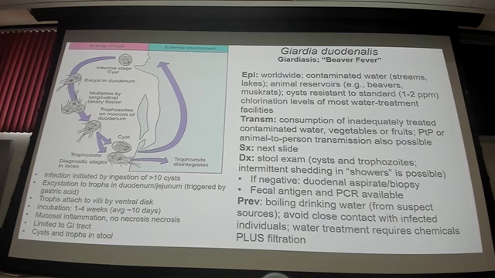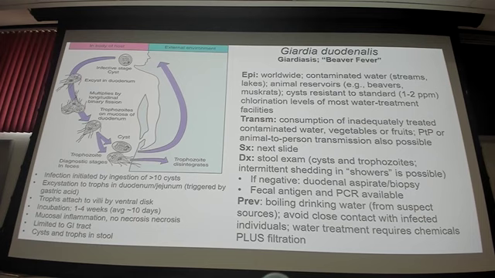In terms of the life cycle of these guys, you're ingesting the cysts. The cysts have 4 nuclei in them. When they excyst into trophozoites in the small intestine, they basically become 8 different trophozoites, so there's an expansion in numbers immediately upon excystation.